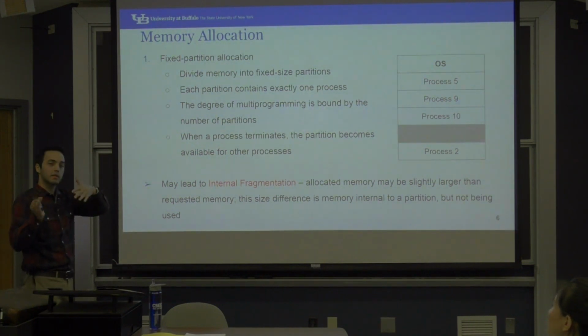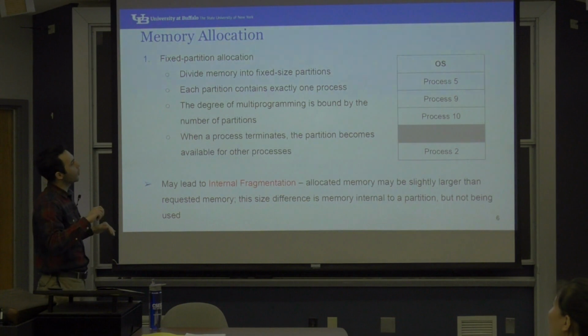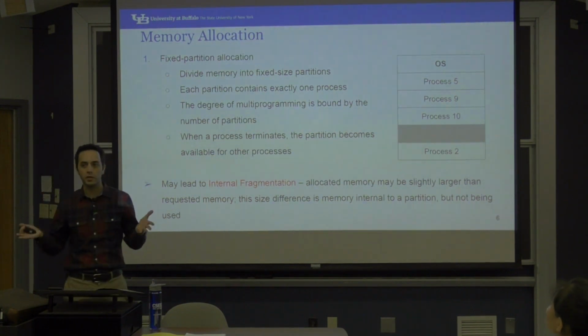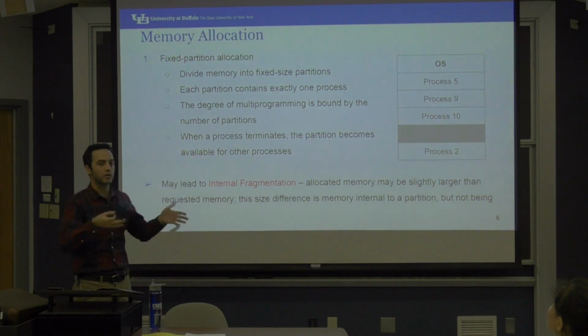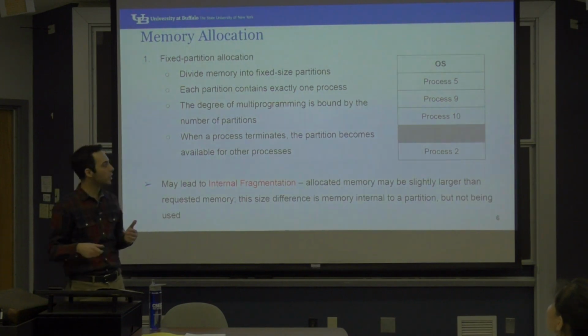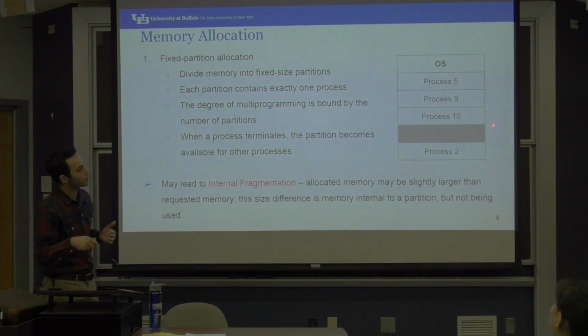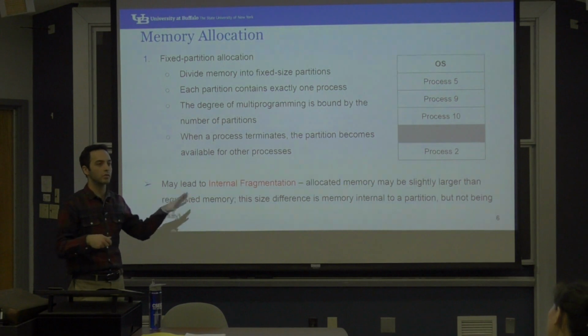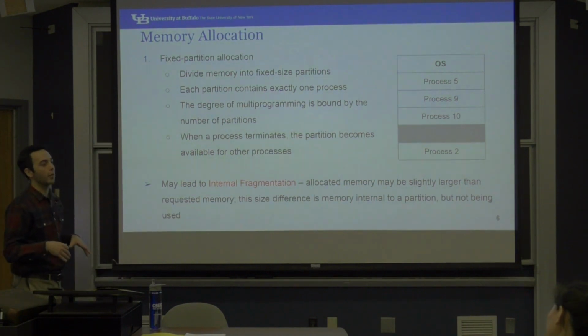When we don't have space, that's another issue. One of the very simple ways is to divide memory into fixed size partitions and give partitions to processes. This is your memory, divided into equal chunks, the OS itself gets a chunk, and then there is one partition for one process.